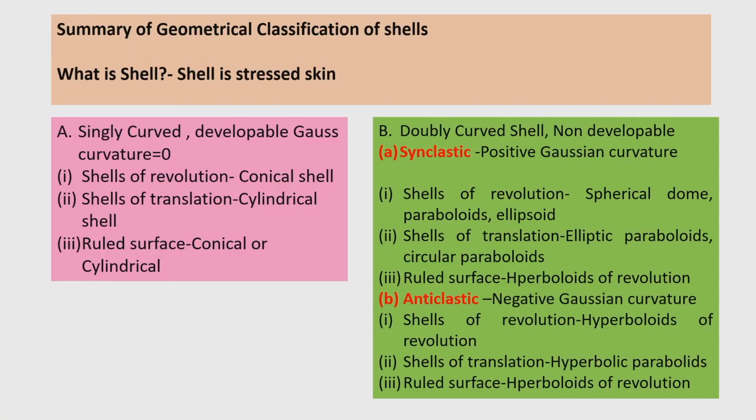Doubly curved shell may be of synclastic nature and anticlastic nature, and we have found in the case of synclastic nature shells of revolution, shells of translation, ruled surface. Anticlastic nature is characterized by negative Gaussian curvature. The examples are hyperboloids of revolution and hyperbolic paraboloid. So, all doubly curved shells are non-developable. Okay. Thank you very much.